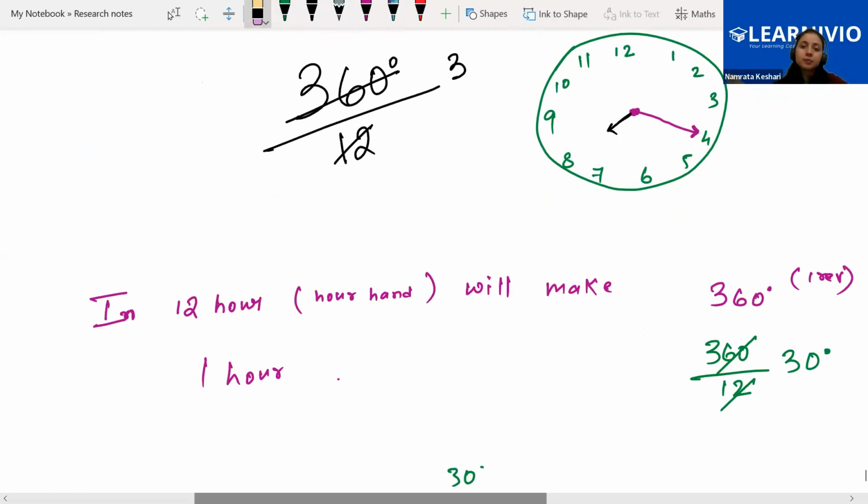Let me check with pen and paper, like which approach will work over here.